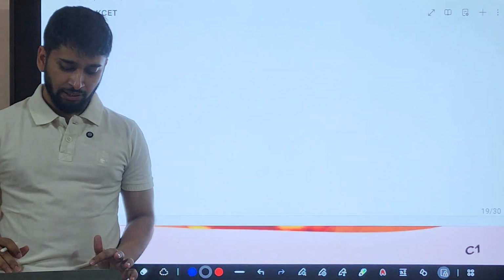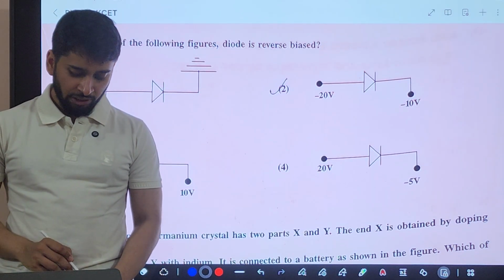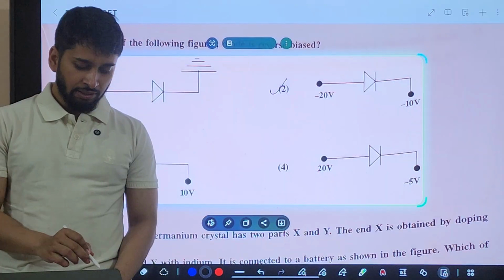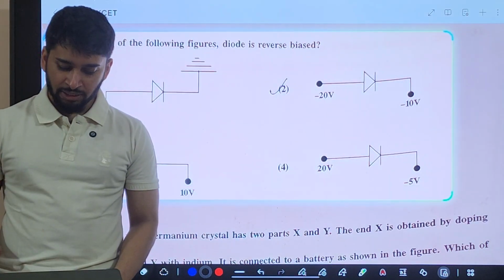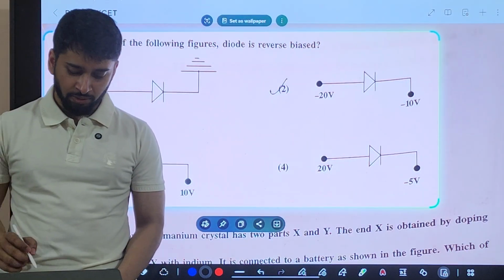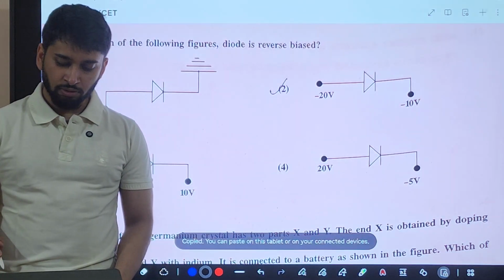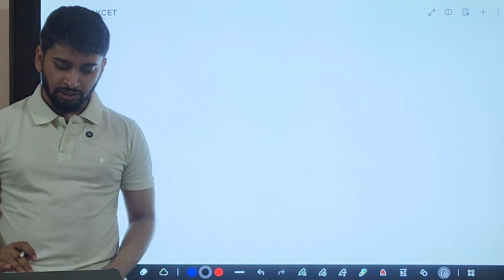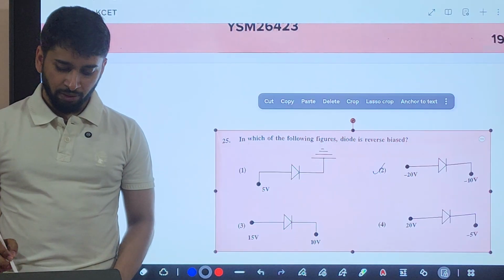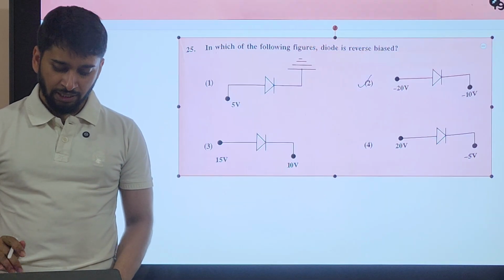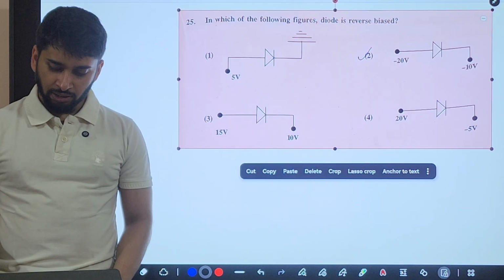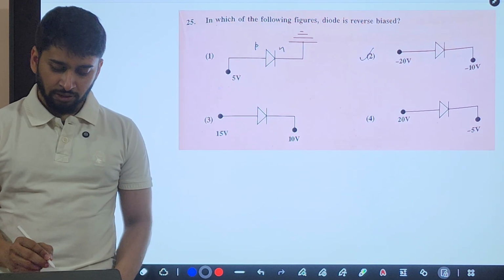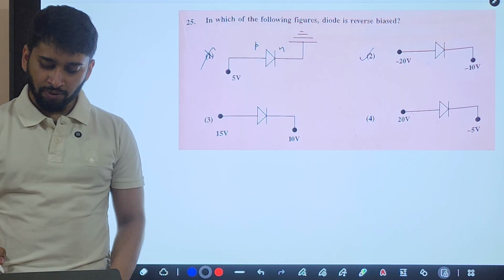25th one: in which of the following is the diode reverse biased? Whichever has the p type at higher potential than n type will be in reverse bias mode. Fine, wait, actually for reverse bias, the p type should be at lower potential and the n type at higher potential. So this is p, this is n, this is forward bias, not this one.